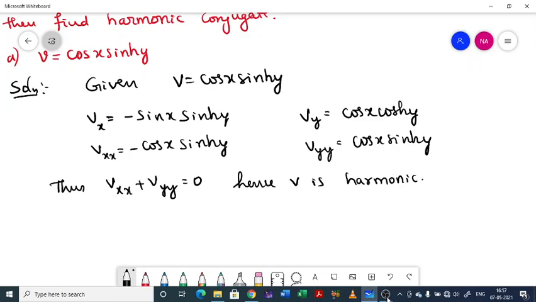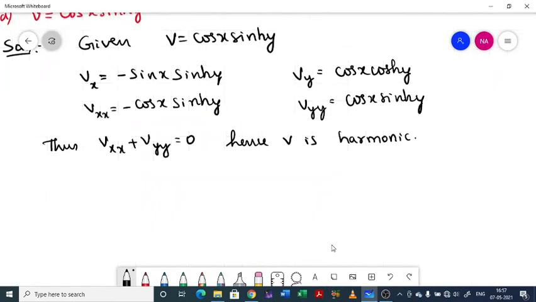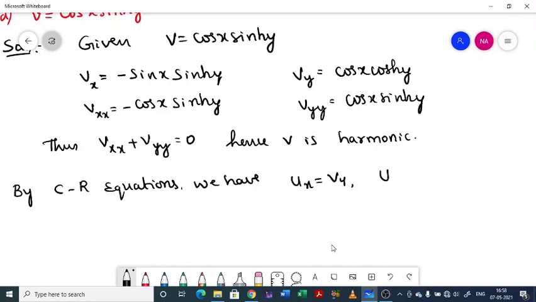See, already we have v x and v y, no problem with that. By CR equations, directly you can employ CR equations, right? By CR equations we have u x equal to v y and u y equal to minus v x.